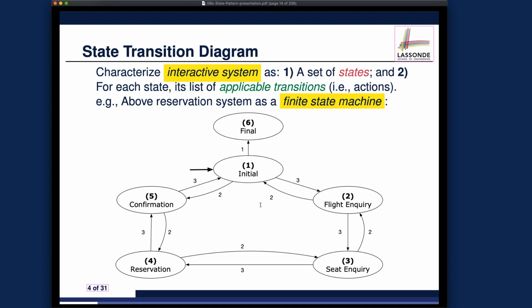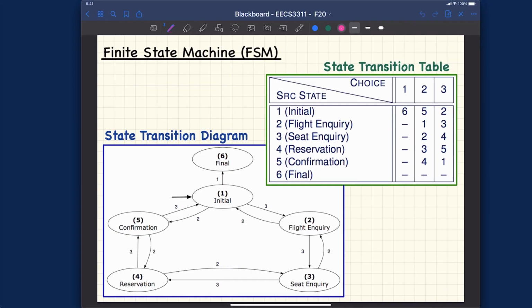Okay, let's look a little bit deeper into this diagram. It is the same diagram with just a little bit more information. Let's go over the necessary details. First of all, you can see we have to indicate where the start state is, which means whenever the user wants to initiate an interaction with the system, this will be the starting point, like initial.